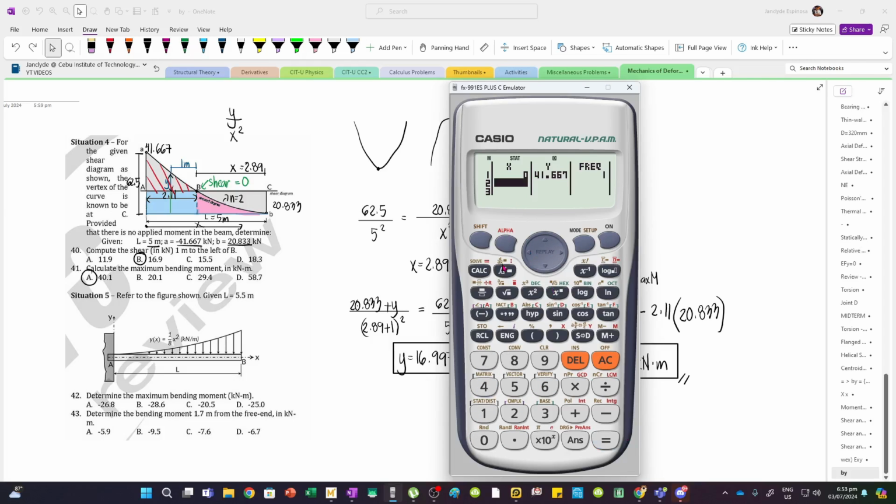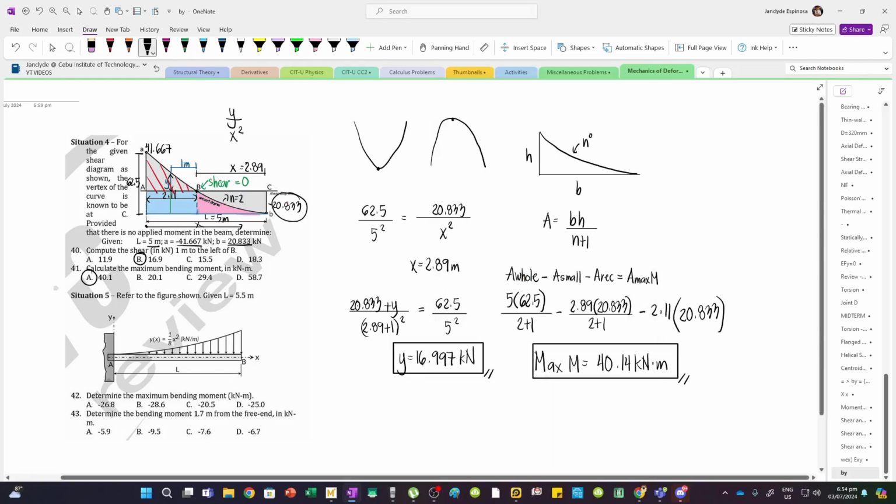And then for the second point, we have at x equals 2.11, what we solved earlier, the height is 0 at this particular point, point B. And then finally, at point C, the distance is 5 meters, so 5, and the value of the ordinate is negative 20.833. Now we're going to use minus because this is below the 0 line.